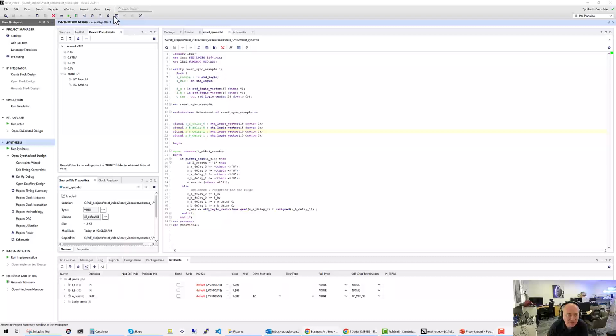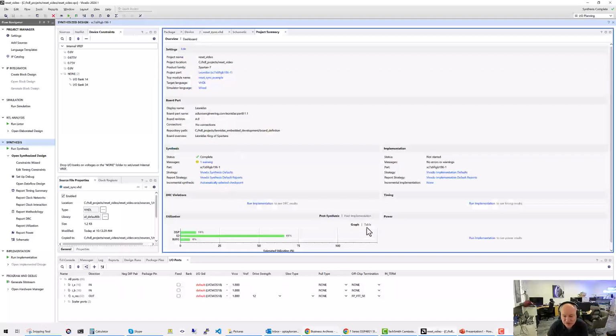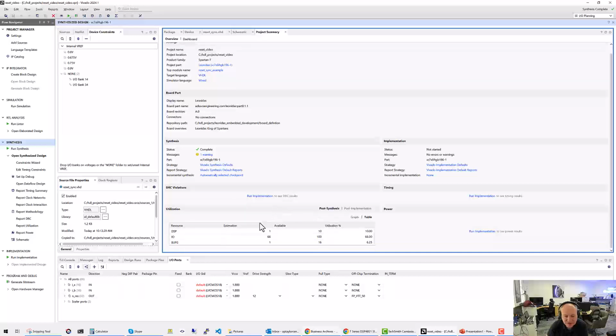When we run this through and do the synthesis, we can take a look at the implementation results. And the critical one here is we see that we're using one DSP. The 66 IO is just because we're working with all of the inputs and outputs; we're not too worried about that. And obviously one BUFG as we would expect.